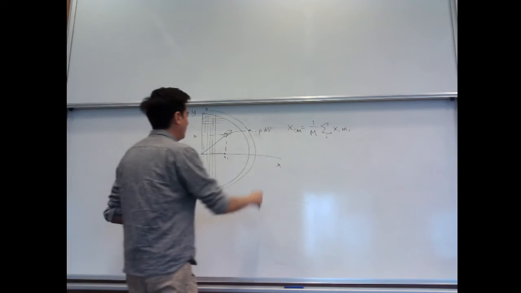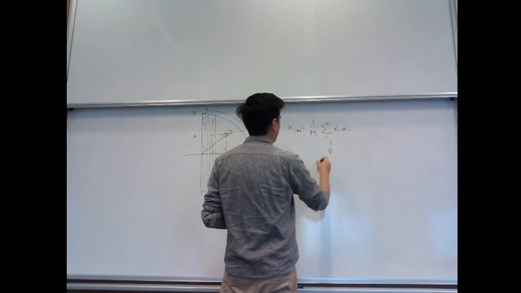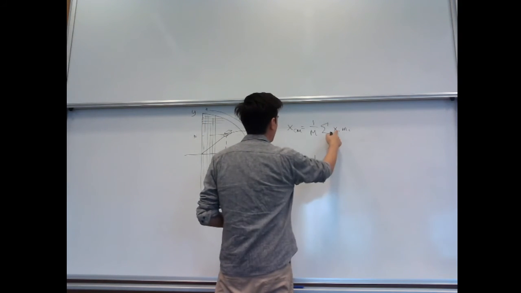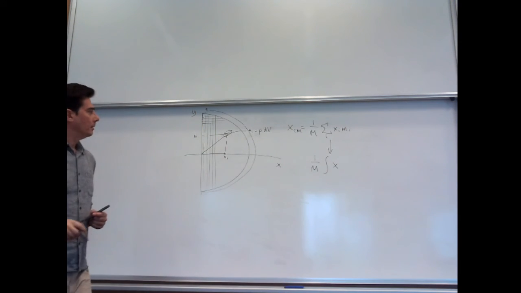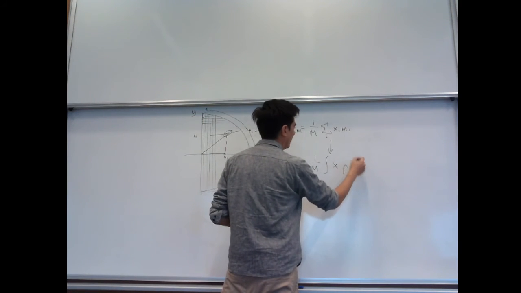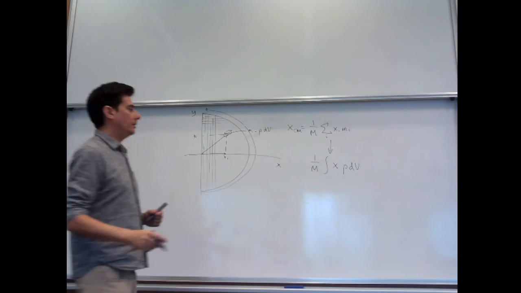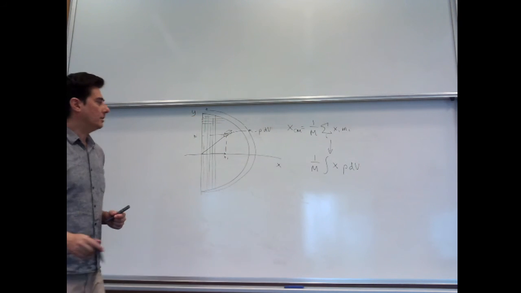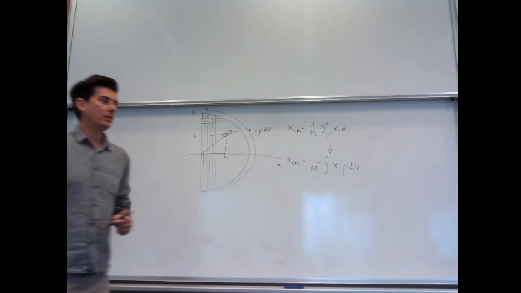And so when we turn this thing into an integral, basically we change the summation to an integral sign. This x is not a small quantity, so that just stays as it is. And then this thing is the small mass, so this is basically equal to the mass of the object. So this is your center of mass, but for a continuous system.